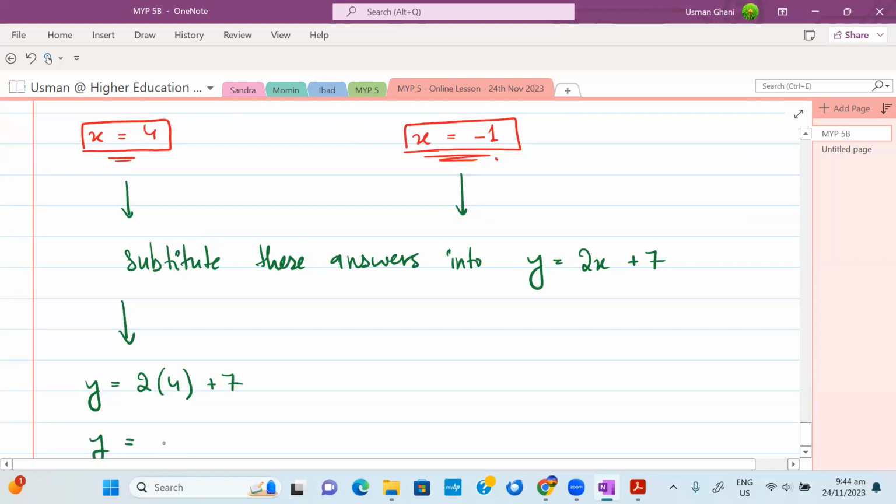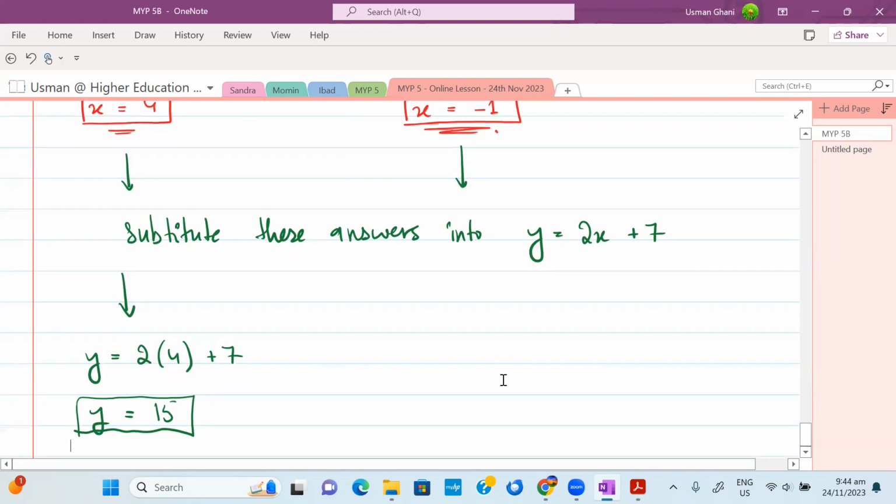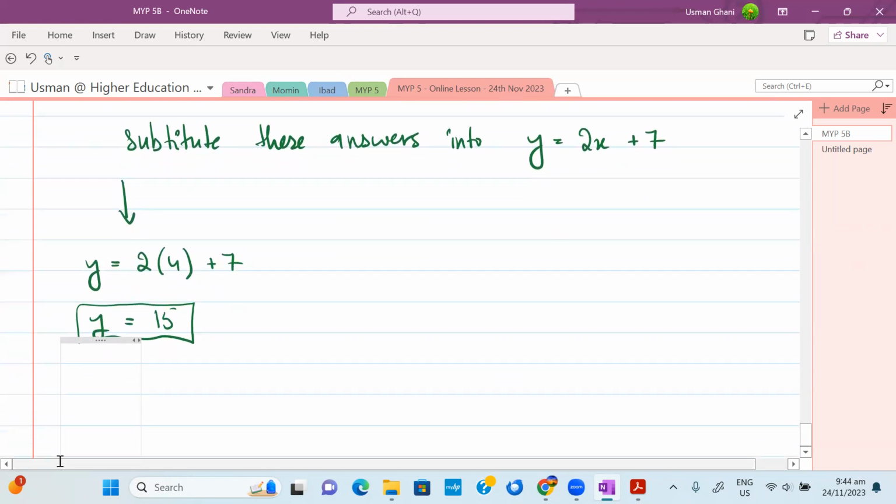Y is equal to 8 plus 7 क्या होता है? 15. So that is my पहला आंसर. ओके, यहां जब मैंने किया ये, नीड टू गो डाउन, आई नीड टू क्रिएट स्पेस फॉर माई सेल्फ. यहां जब मैंने किया ये, तो ये होगा y इज इक्वल टू 2 times -1 plus 7, जो कि -2 plus 7 होगा, which is a 5.